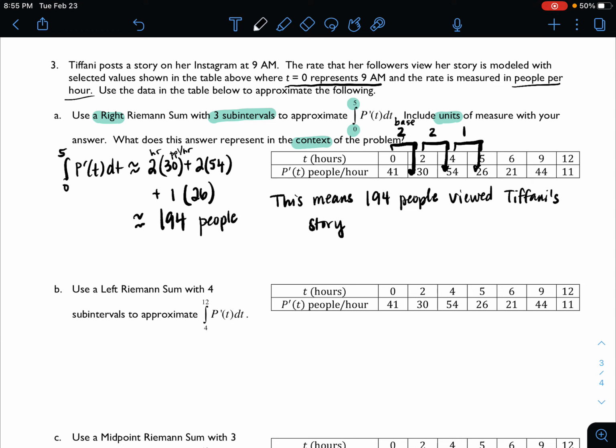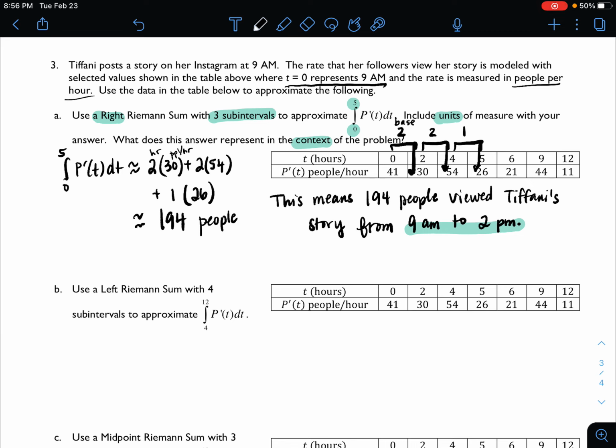It told us that t equals 0 represents 9 a.m. So that means from 9 a.m. to 5 hours later, from 0 to 5, that would be 2 p.m. Notice here that when we're doing integrals, we're going to have a time interval there as opposed to a single time like we did with derivatives.